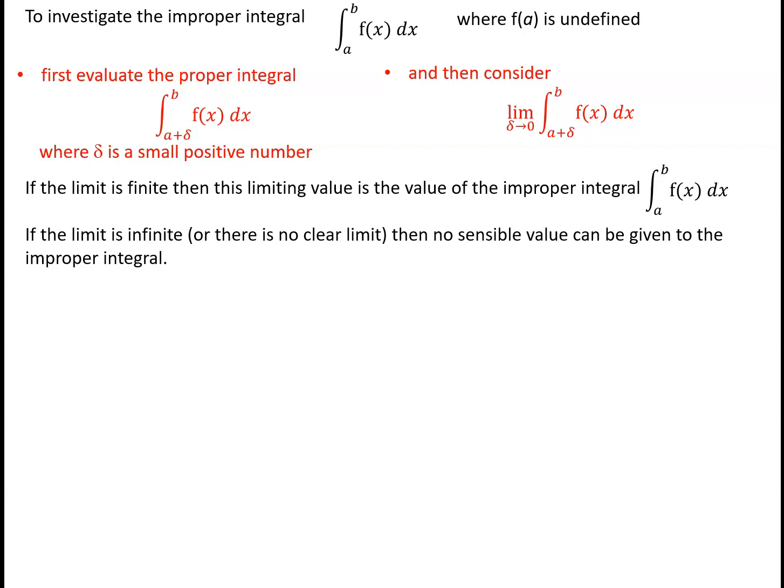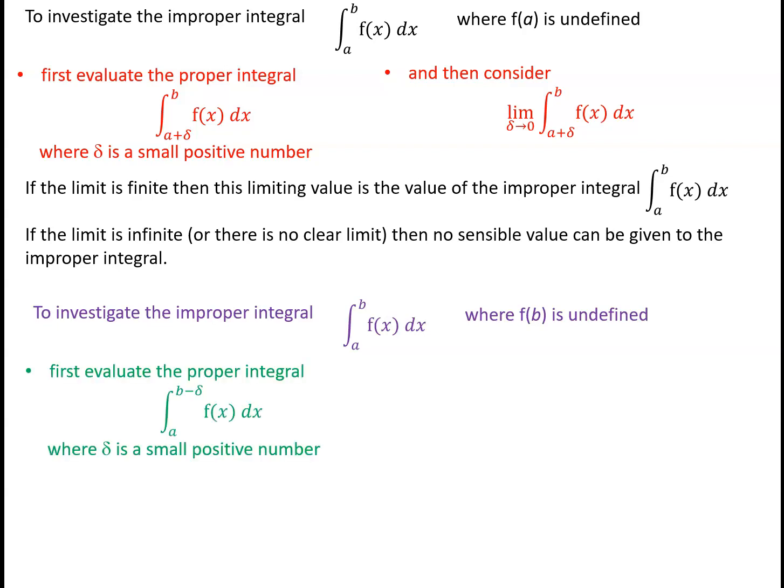And we do a very similar thing if the problem is that f of b is undefined. We start off by evaluating the integral between a and b minus delta of f of x, where delta is again a small positive number.